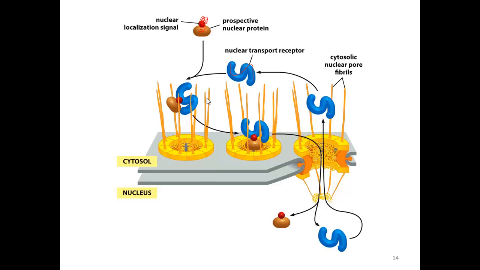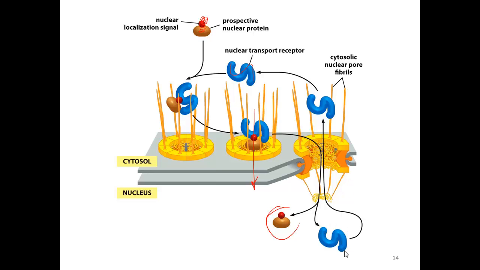The transport receptor will interact with these fibrils which extend out into space, giving it a larger area for interaction, increasing the chances of an encounter. And because of affinity between the protein sequences in the pore and the transport receptor, you're going to have directed motion of the transport protein, which is carrying the protein of import, into the nucleus, where it will dissociate, leaving the, let's say it's a transcription factor, in the nucleus where it can perform its function.